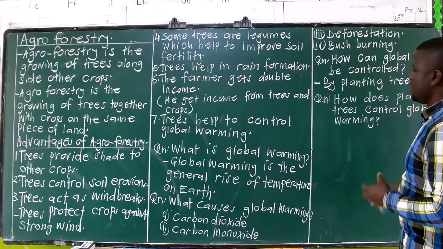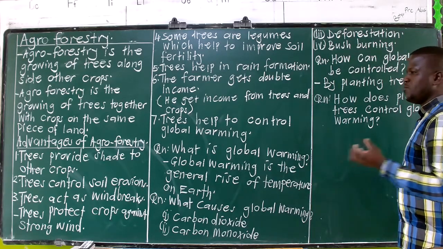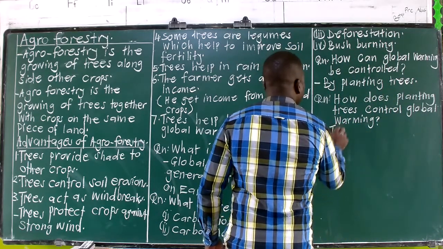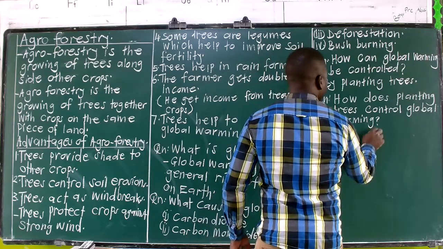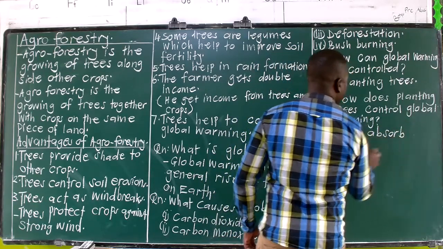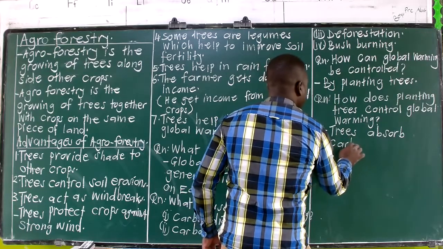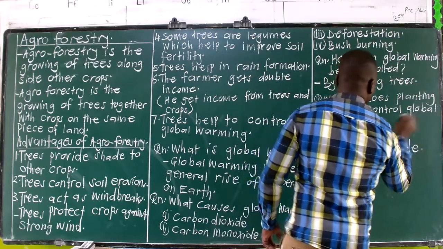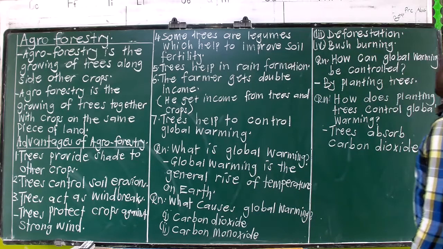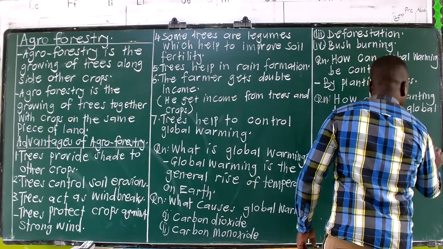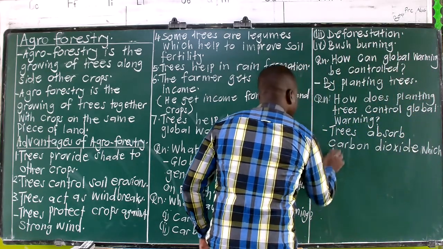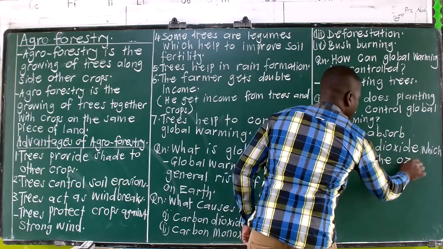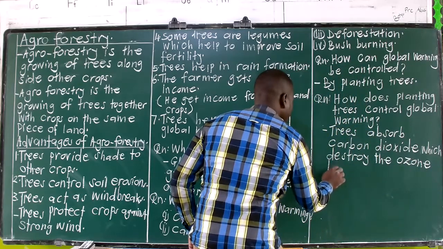So when you plant trees, trees purify air by absorbing carbon dioxide. So you can say trees absorb carbon dioxide, which destroys the ozone layer.